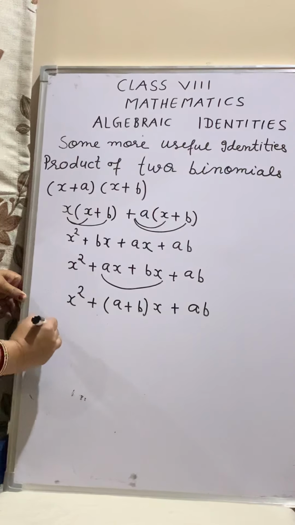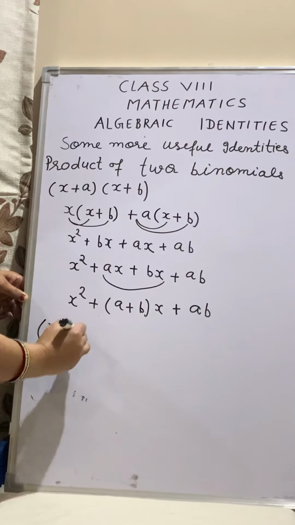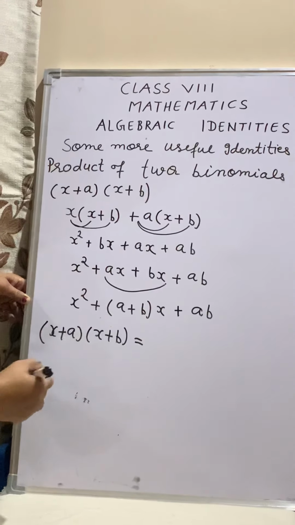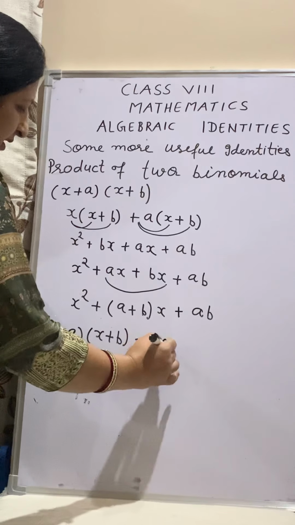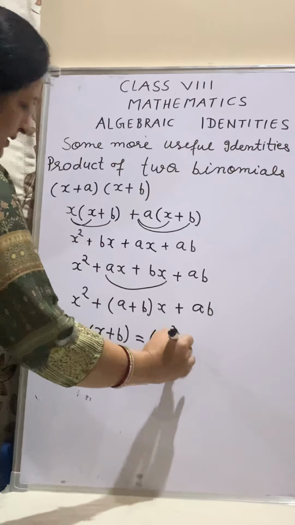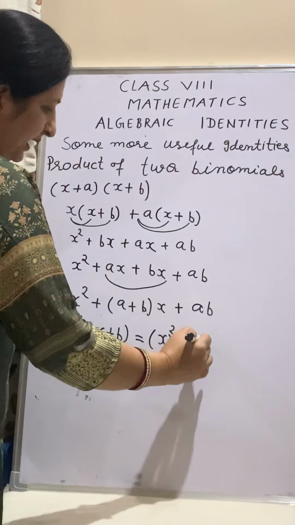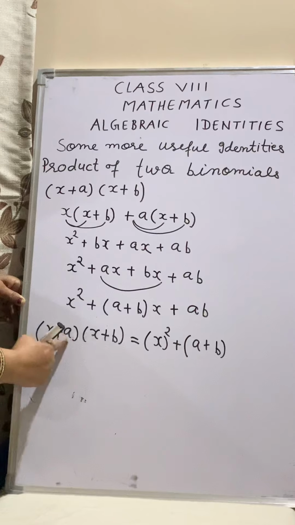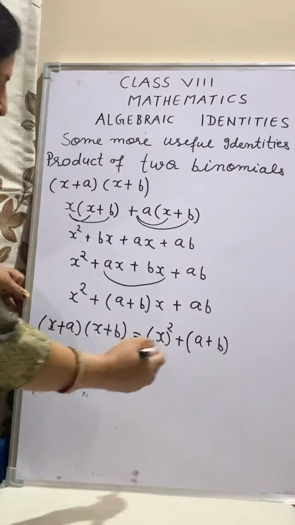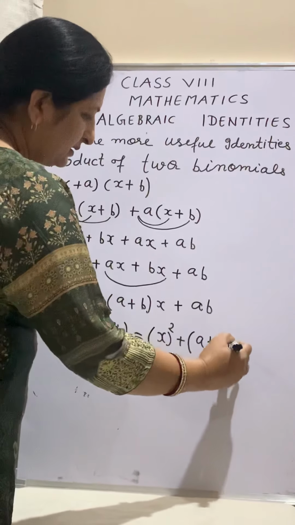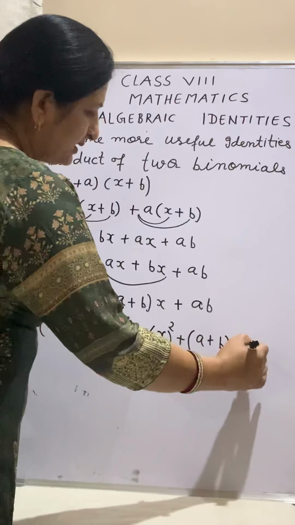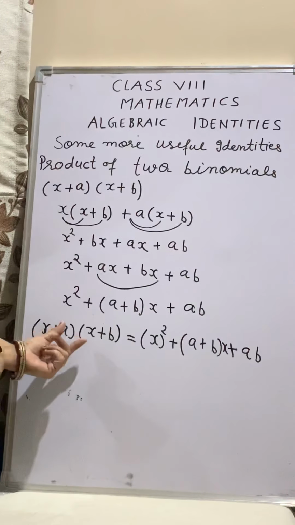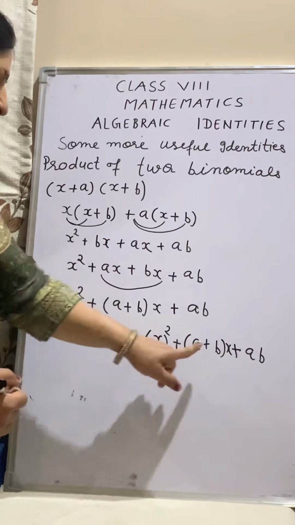If we multiply x plus a, x plus b, the result is whole square of the first plus addition of these constant terms a plus b, multiplied with x, and plus ab. It means the product of these two binomials is equal to a trinomial.